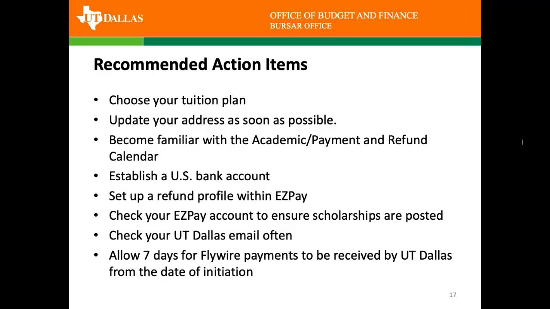If you want, you can subtract your aid off of the total and then initiate the Flywire. But it would be better to wait, because if you've already accepted it and they've already awarded you, then they should have it applied sometime around the first day of class.